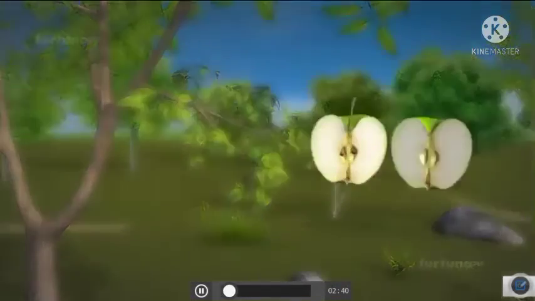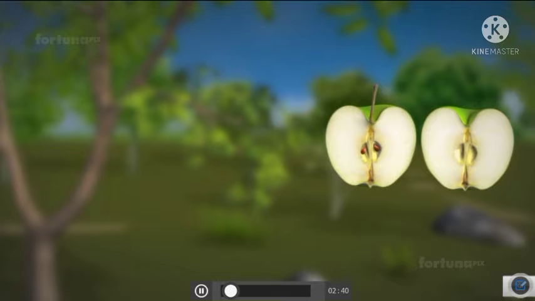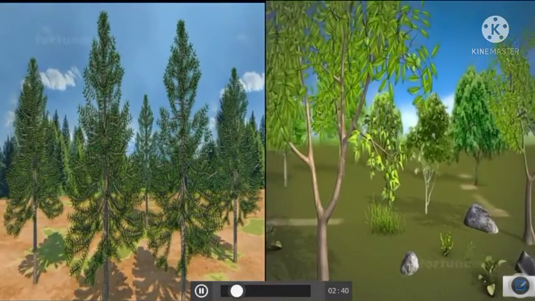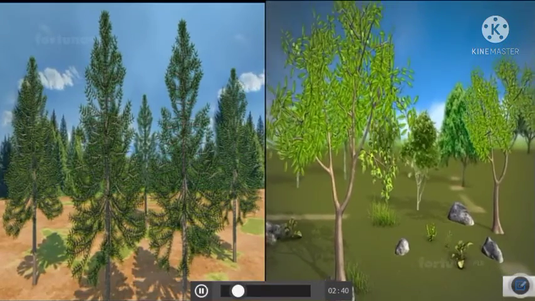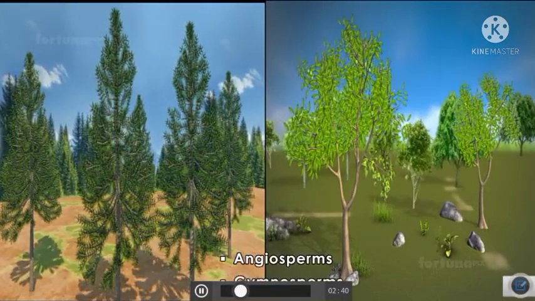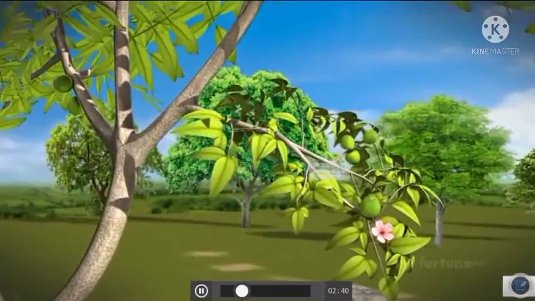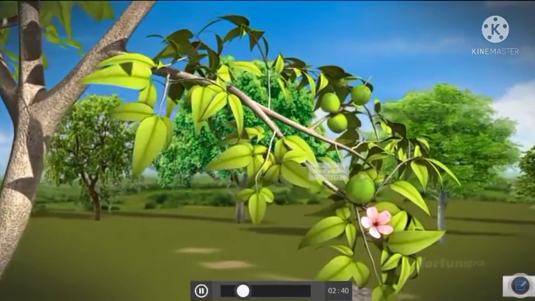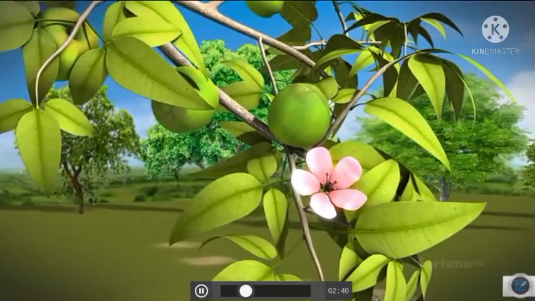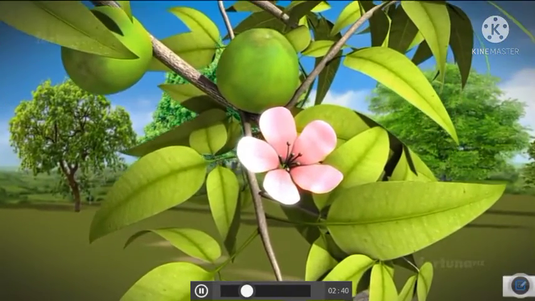Most plants produce seeds containing an embryo that, when sown, will germinate or grow as a new plant. Usually, these seeds can be found inside a fruit. Based on the seeds and their coverings, we can classify plants within two distinct groups: angiosperms and gymnosperms. In this session, we'll focus on angiosperms. Angiosperms are the plants that bear seeds within a layer of protective tissue.